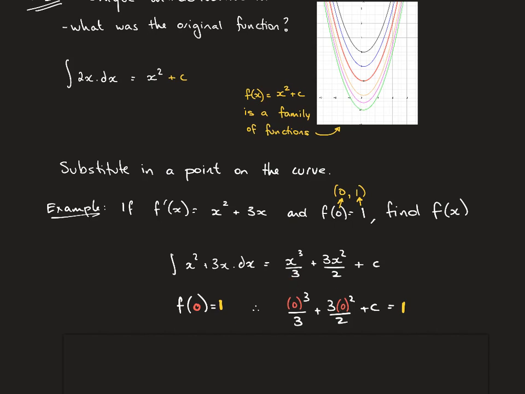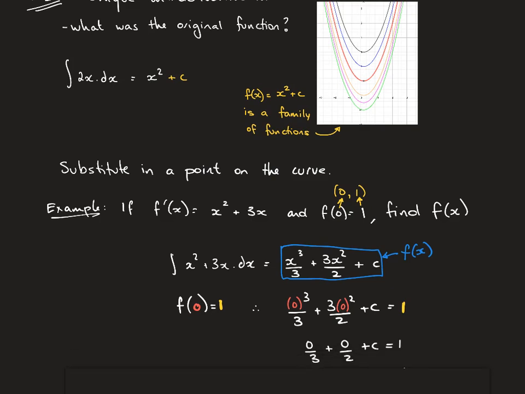This is f of x with the plus c. So we make that equal to 1, and we substitute in our 0 for our x value. You can see I've done that there and there, equal to 1.